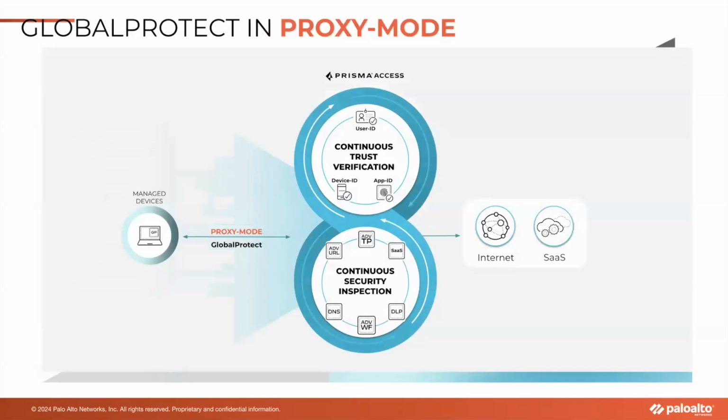Now let's look at the proxy mode. In the proxy mode, we make use of GlobalProtect and connect to the proxy.